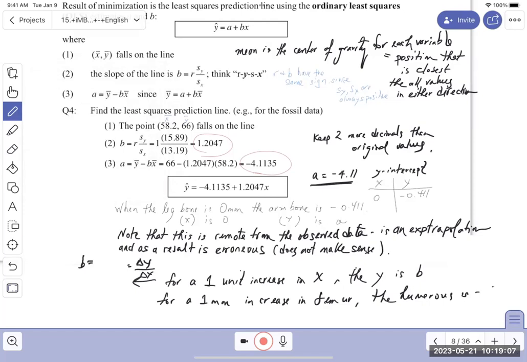B is 1.20. Okay, so for 1 unit increase in X, the Y is B. The humerus is 1.2 millimeters longer.